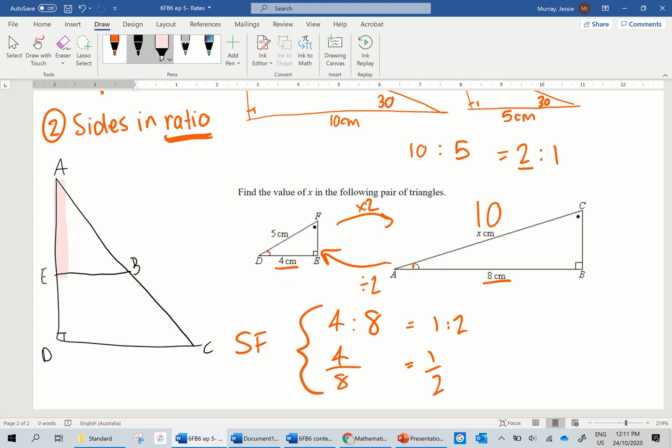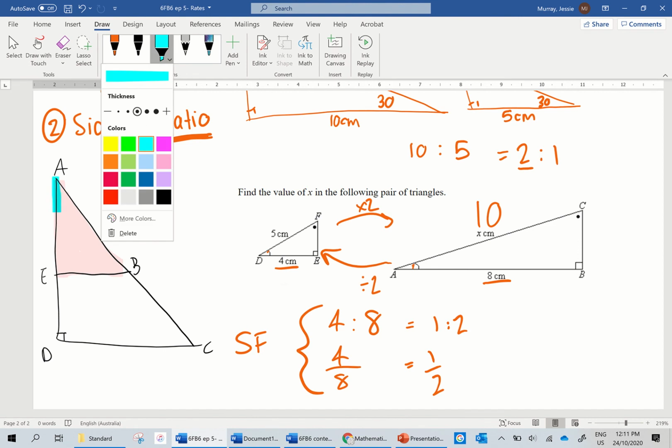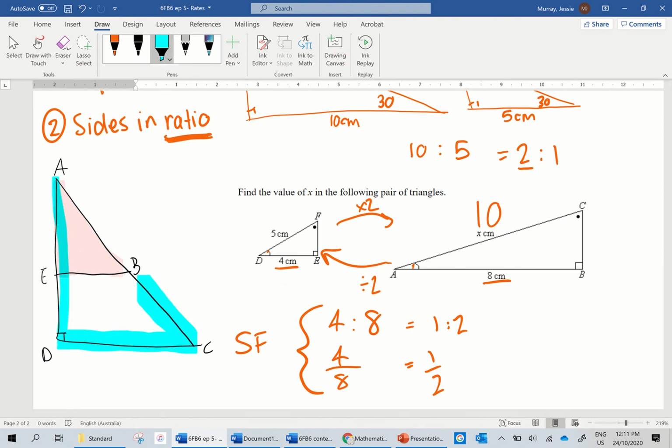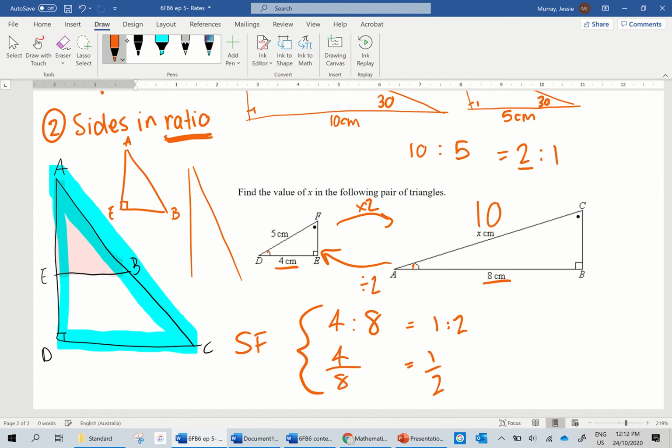There's your little triangle here that's super obvious, but then there's also the overall big triangle. We call these triangles, and I always write them separately, triangle AEB, and the bigger triangle, DCA. Hopefully you can see that.